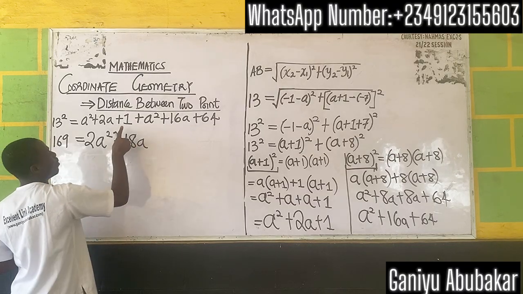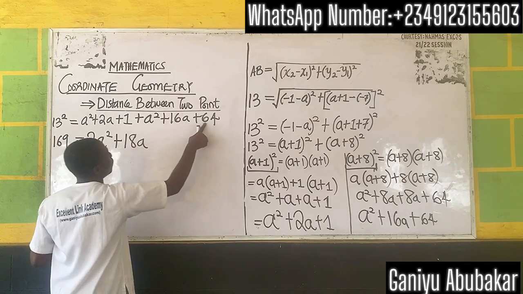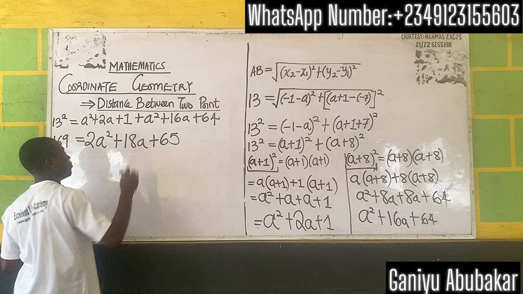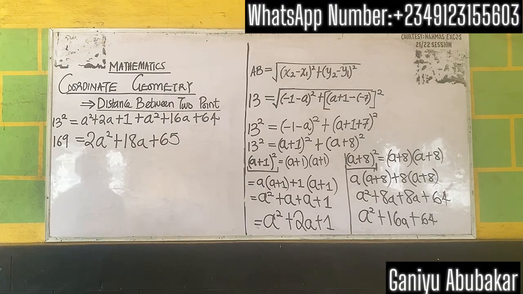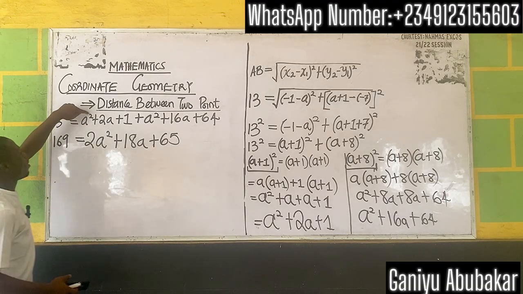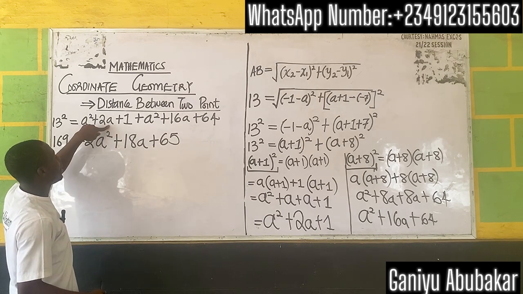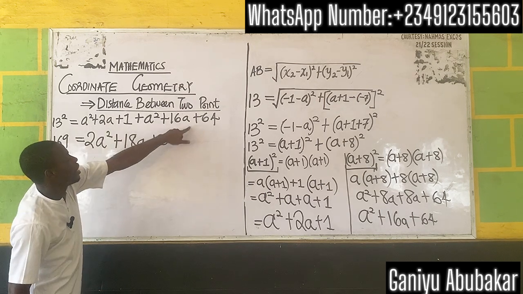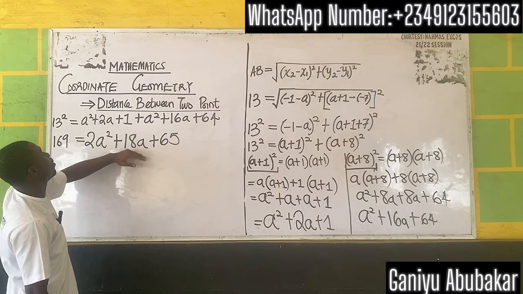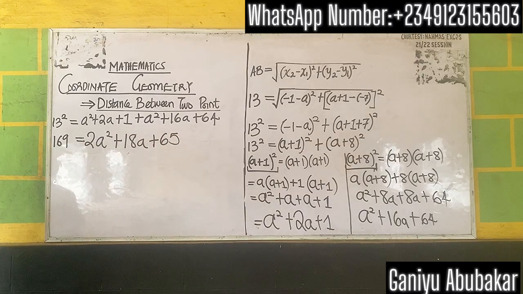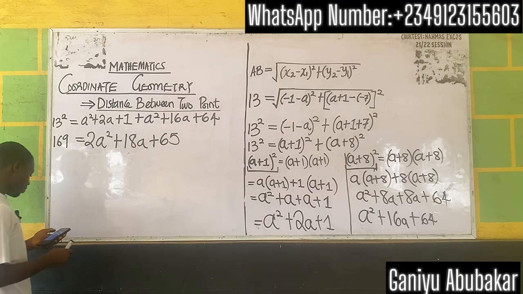Then 1 plus 64, that gives you plus 65. Done and dusted. Observe please. A squared plus A squared gives you 2A squared. 2A plus 16A gives you 18A. 1 plus 64 gives you 65. That's it. As simple as that. Alright.